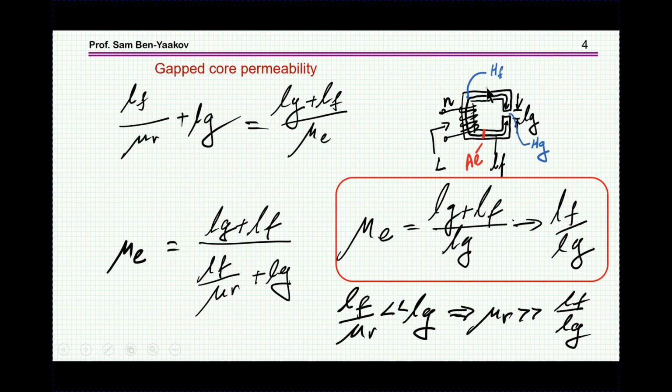That is the magnetic path length within the ferrite over L sub G, which is the gap length. This is well known, and this holds when mu sub R, the relative permeability of the ferrite, is larger than L sub F over L sub G. This normally is the case because mu sub R is in the range of thousands, and then L sub F over L sub G, L sub F could be 100 millimeters, and this would be 1 or 2 millimeters.